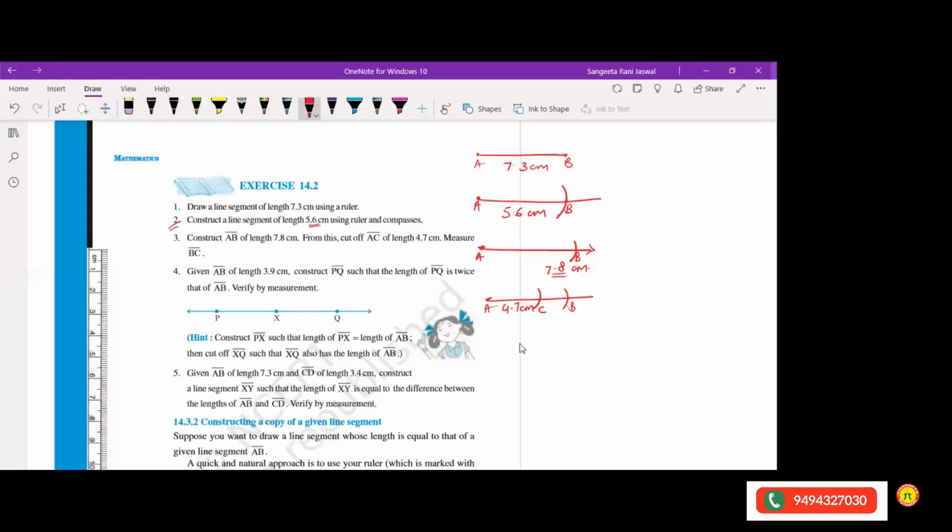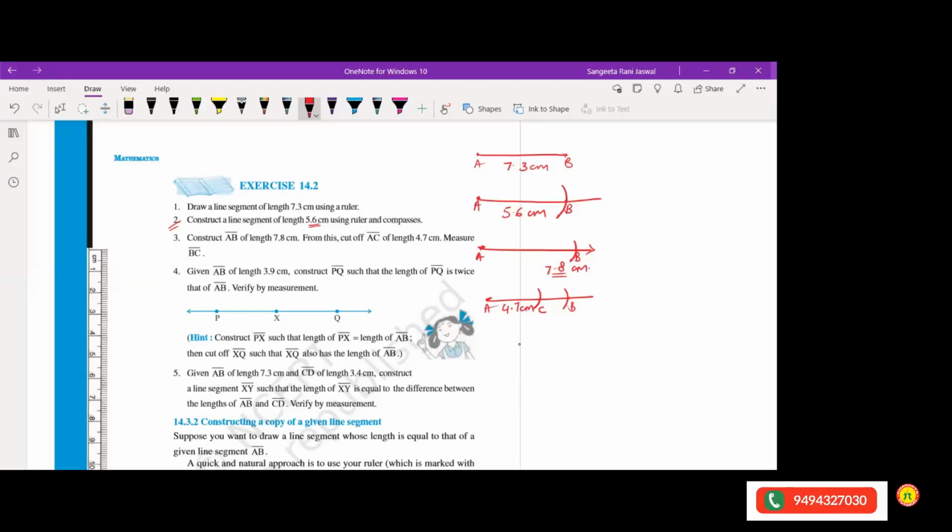Okay, Lasya, read question number 4. Given AB of length 3.9 centimeters, construct PQ such that the length of PQ is twice that of AB.